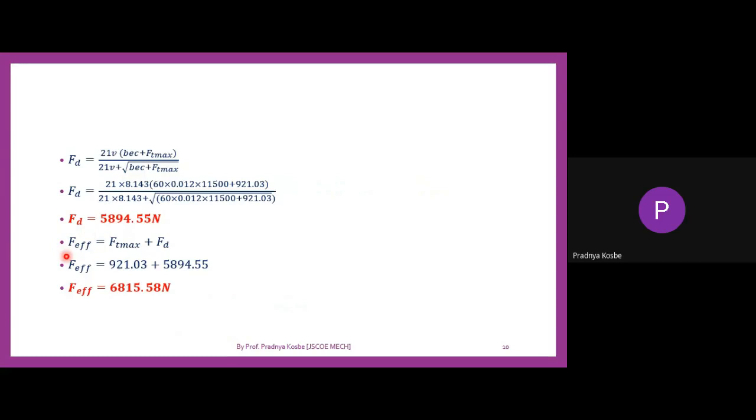And then F effective is equal to Ft max plus Ft. So F effective is equal to 921.03 plus 5,894.55 Newton. And so F effective, the final answer, is 6,815.58 Newton.